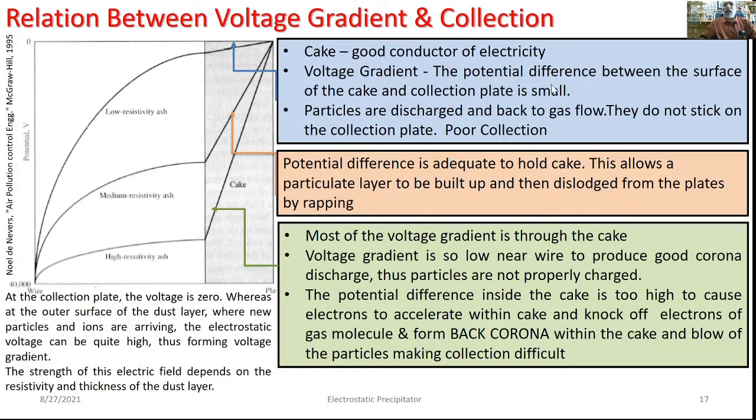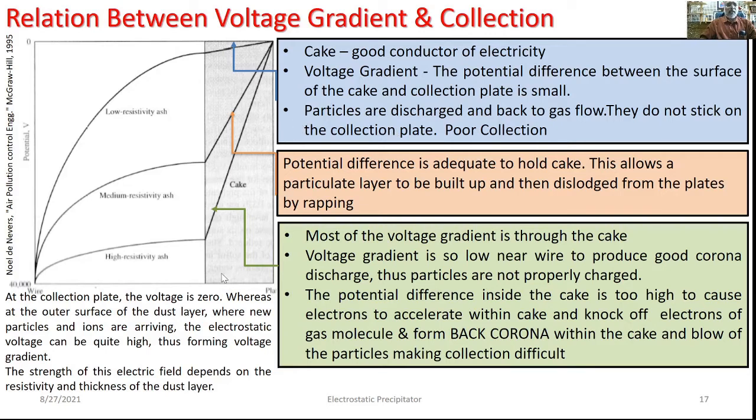Here, the potential difference between the surface of the cake and the collection plate would be small, and hence the particles are discharged and go back to the gas flow. As they are back in the gas flow, they do not adhere properly on the collection plate, and hence the collection is poor.